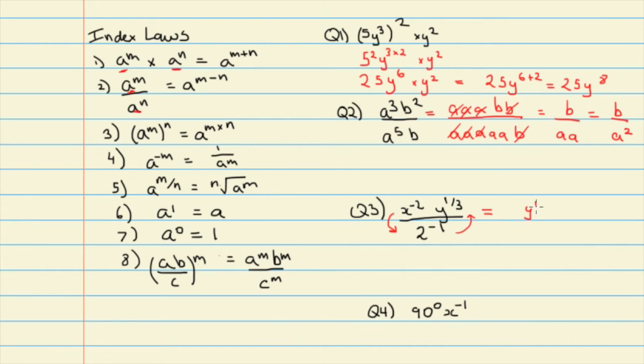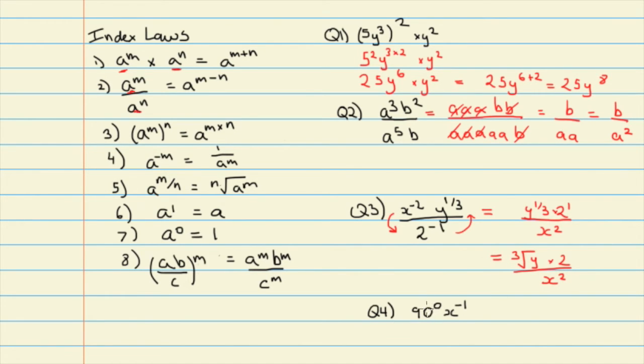I'll have y to the 1/3 times 2 to the 1 over x squared. So if I then apply my 5th index law to that, I'll have cubic root of y times 2 over x squared, and that's my answer.